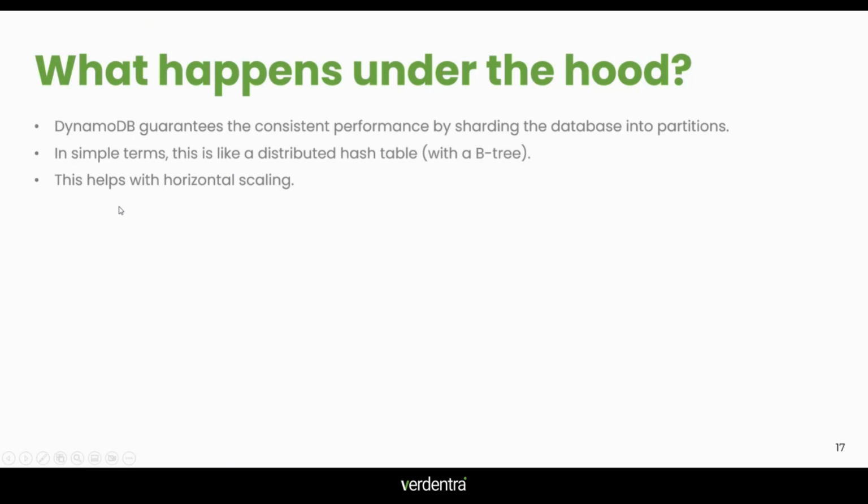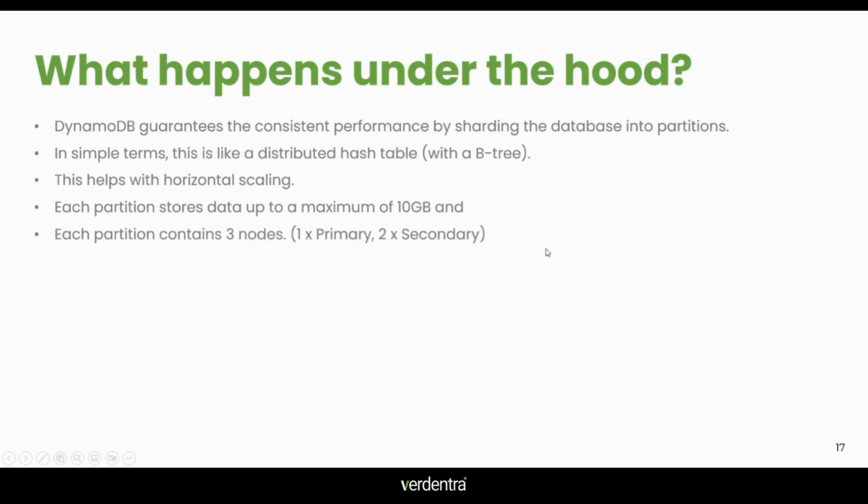So this obviously helps with horizontal scaling, and each partition can store up to 10 gigabytes of data. Each partition contains 3 storage nodes: you have the primary and 2 secondary nodes. Your writes will always go to the primary, and in the next slide we'll see how that works.